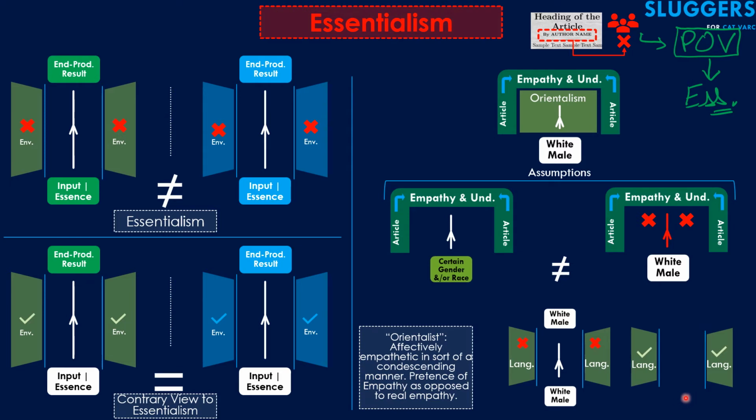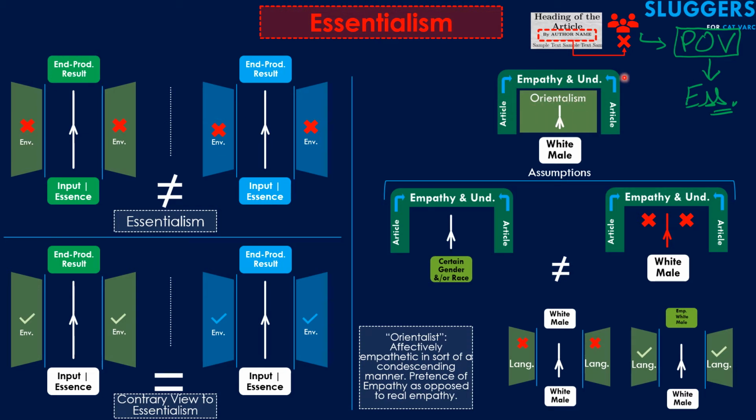The writer says that although I might be a person who belongs to a certain gender and a certain race, still my experiences of learning different languages and the difficulties that I've faced in learning them have made me a more empathetic and understanding person. And that's the same idea that is demonstrated in my article. Hence, it is not a case of Orientalism.